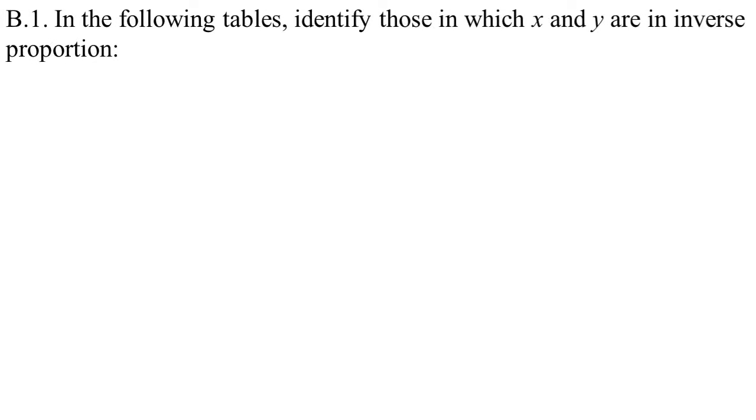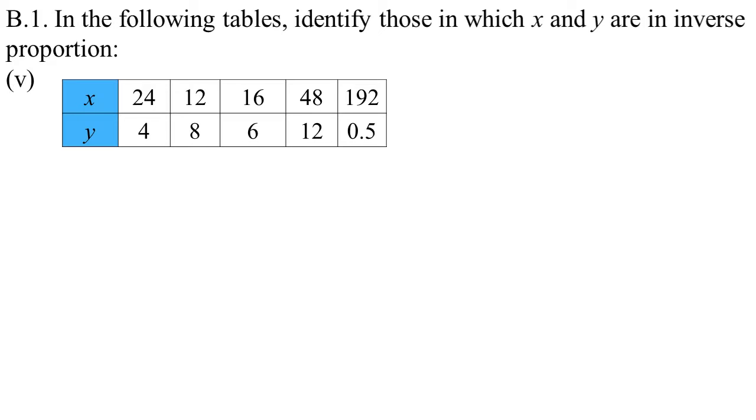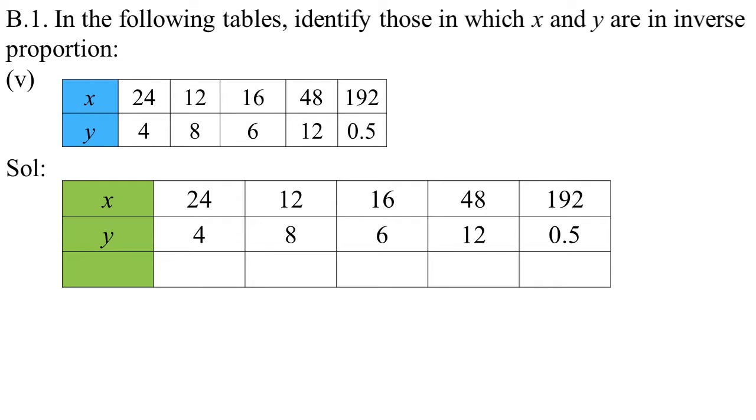Let's see one more example. In the following tables, identify those in which x and y are in inverse proportion. X and y values are given in the table. Solution. Let's check whether x into y values are constant or not.